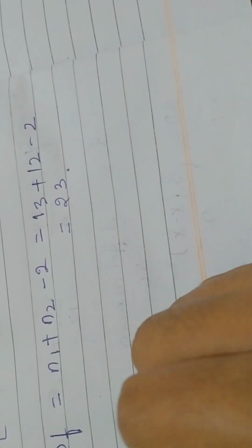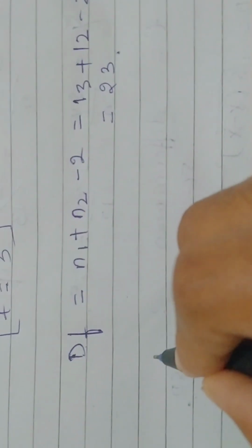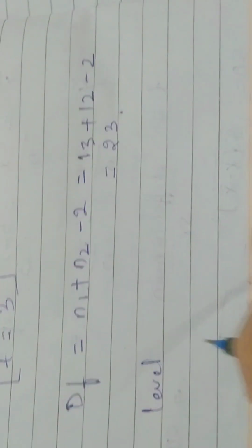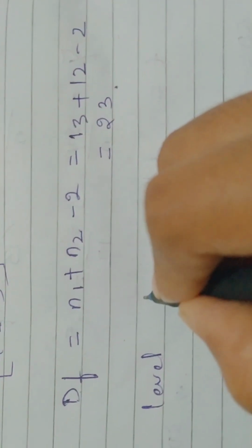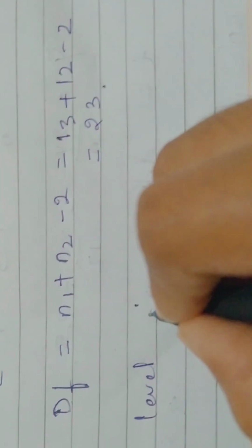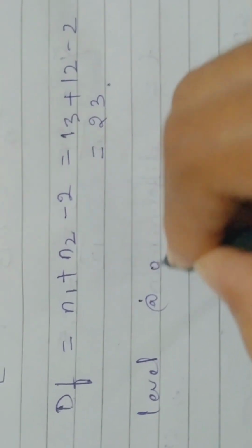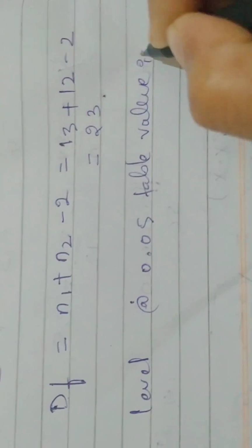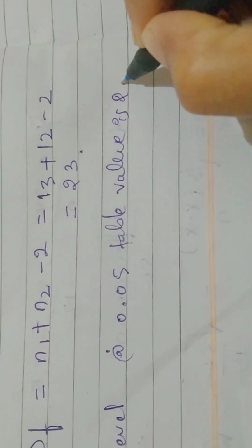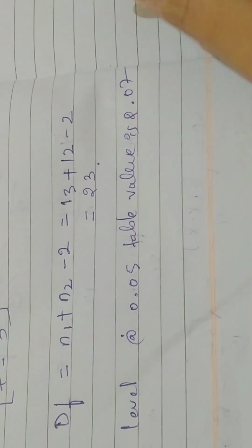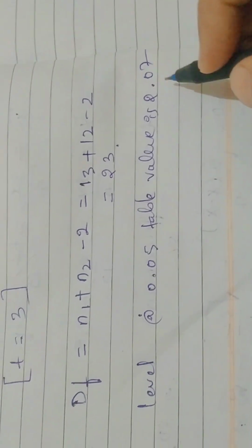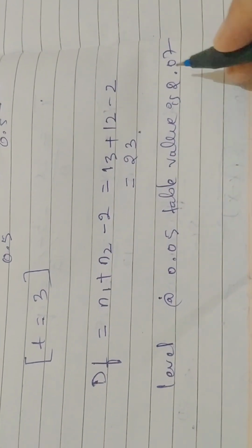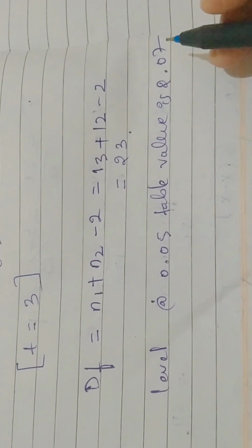At the level of significance 0.05, the critical value or t table value is 2.07.